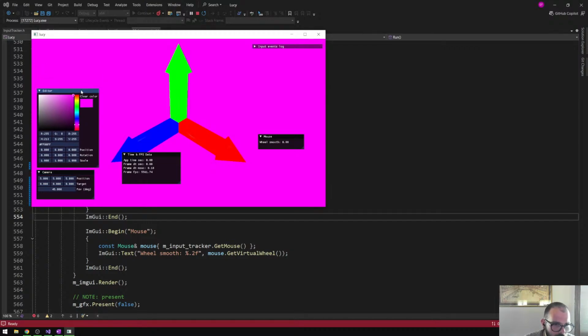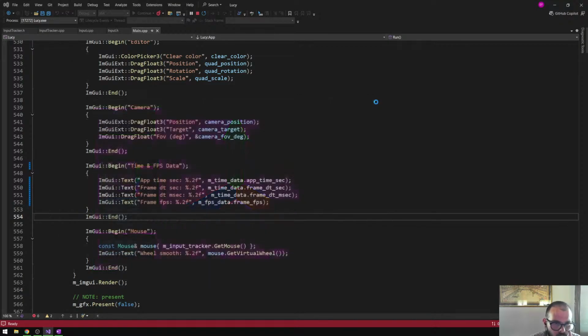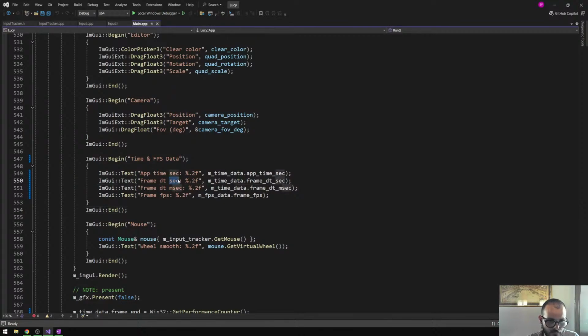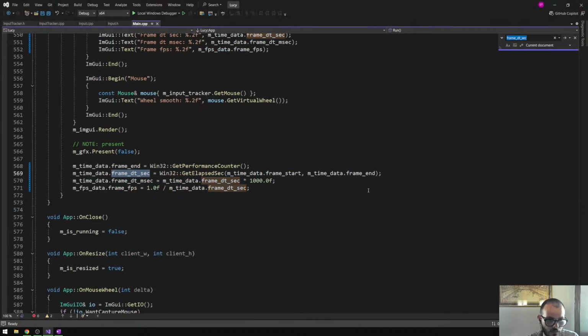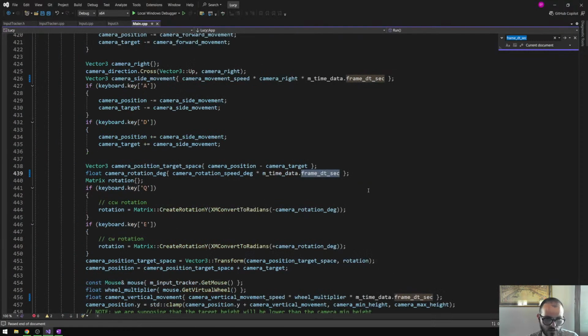Let's put it like this. So the uptime in seconds is wrong. The frame FPS, okay. The frame delta time in seconds is very small. Well, this is a problem with the printing actually.